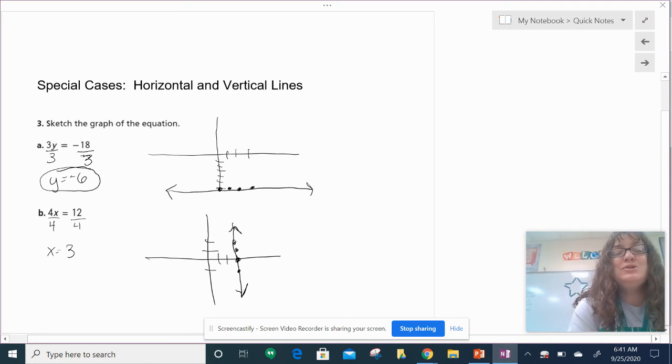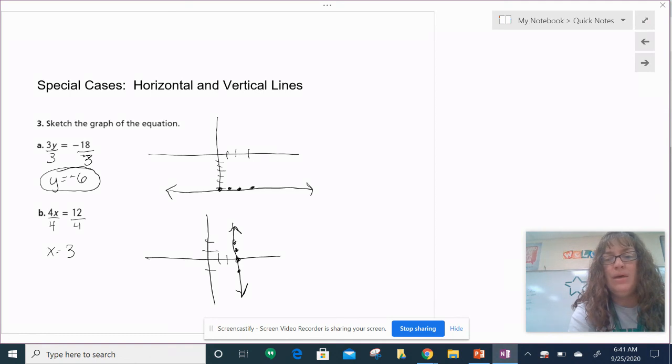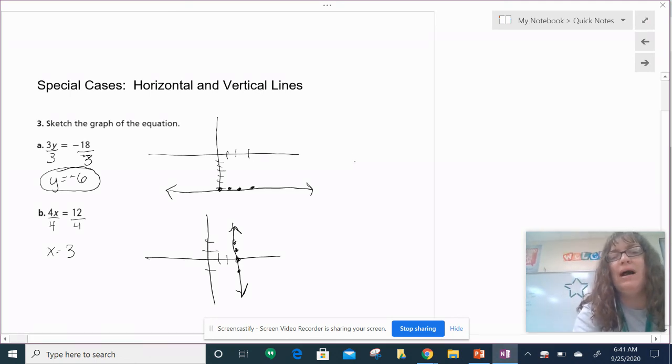Guys, if you can just remember that y's by itself will make a horizontal line and x's by itself will make a vertical line, I think it will make your job a little bit easier. One thing that some students and I have thought about in the past is if you flip that y upside down, it kind of looks like a lowercase letter h. And so that helps me remember y is the horizontal line.